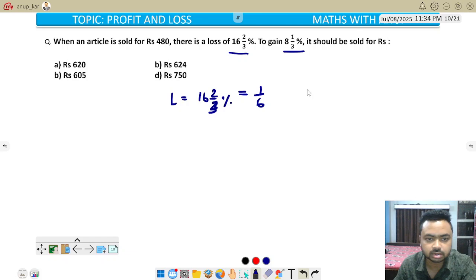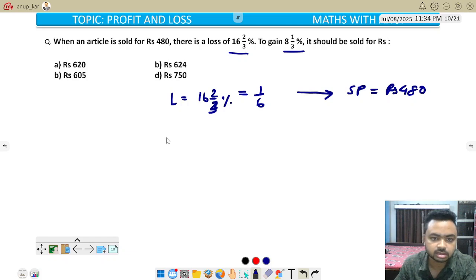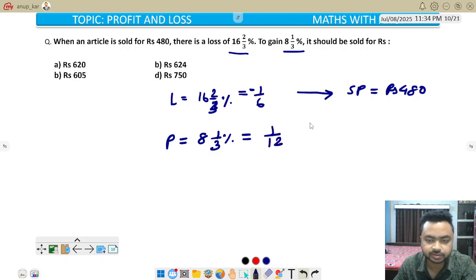So here for a loss of 16 2 by 3 percentage, my SP is equivalent to rupees 480, and here it is minus because it is a loss. For a profit of 1 by 3 percentage, we will get 1 by 12 if we solve it further. So here my SP is how much? That is the question.